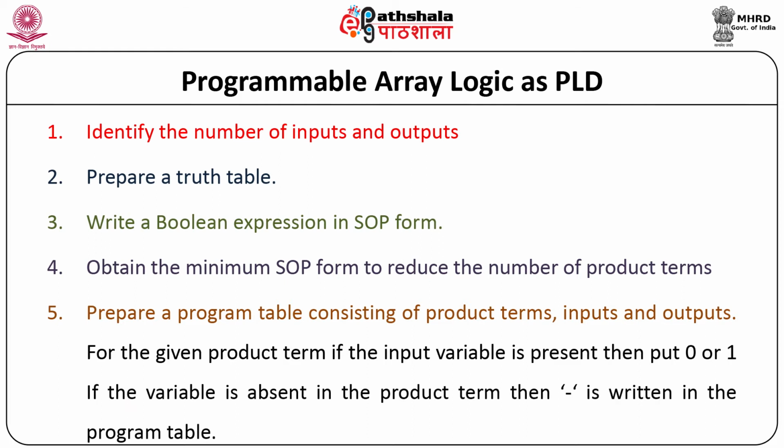For the given product term, if the input variable is present, put 0 or 1 depending upon whether the variable is complemented or uncomplemented respectively. If the variable is absent in the product term, then put dash in the program table. If the product term is present, put 1 in the output column, 0 is written if the term is absent.